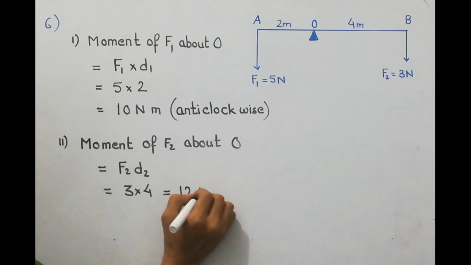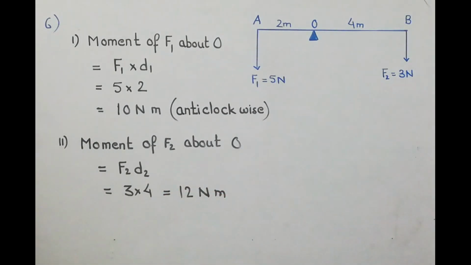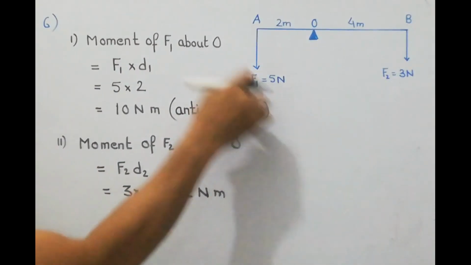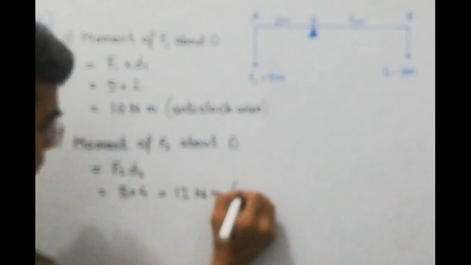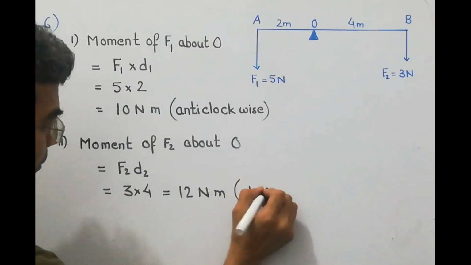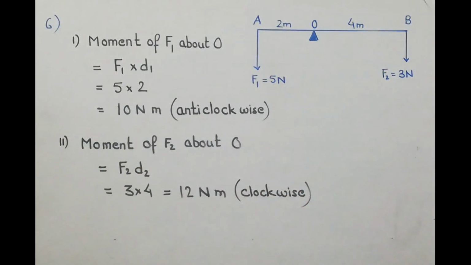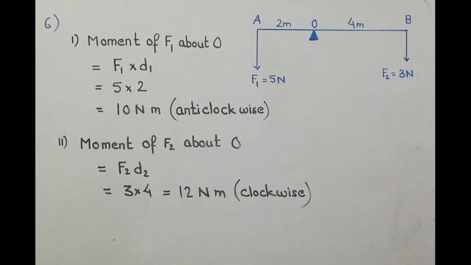It will be 12 Newton meter. But again, direction is to be written and you can see this F2 will rotate the body in clockwise direction. So in the first part and the second part, they have asked you to calculate the moment produced by F1 and F2. That has been done with the direction we have written.